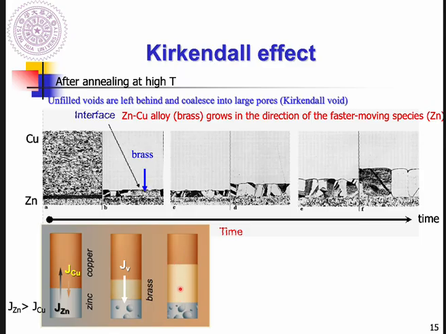In between this interface, you will have a zinc-copper alloy we call brass, and the brass gets thicker and thicker. If you look at the top panel, as time increases, in the beginning there's a marker in between zinc and copper, and as interdiffusion happens, we can observe the brass getting thicker and thicker.